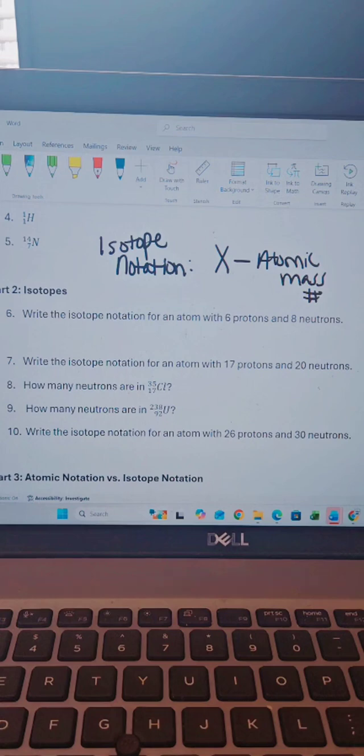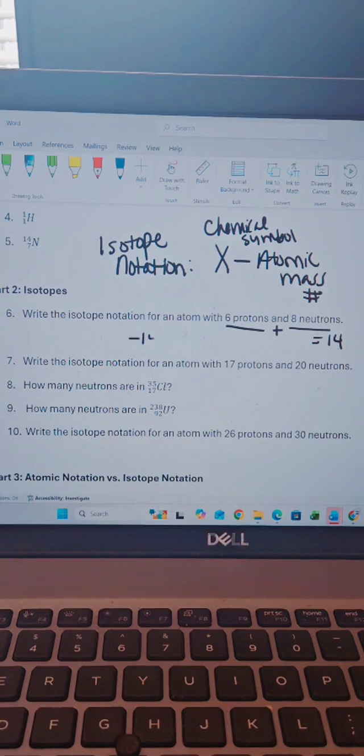And then this is the chemical symbol right here. So if you know that, here's what you're going to do. This one says write the isotope notation for an atom with 6 protons and 8 neutrons. You're going to add those two together. What's 6 plus 8? That's equal to 14. That's the mass number that you're going to use.